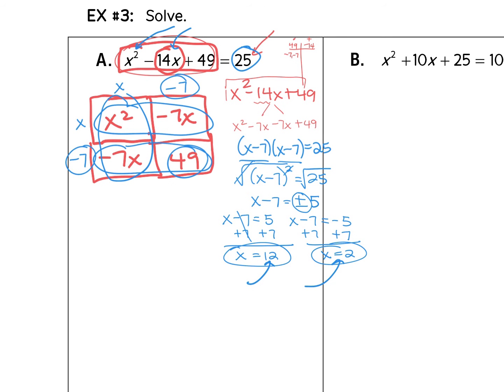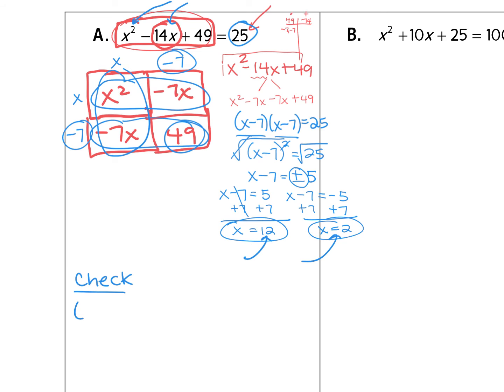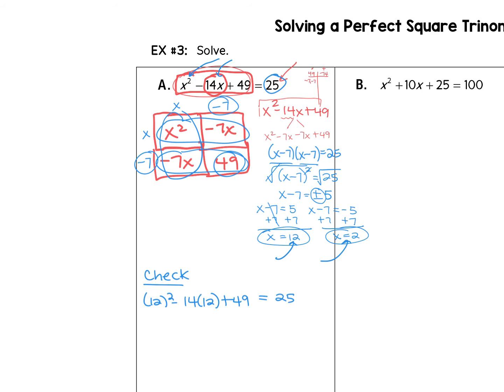We can always go back and check. I can check my work and say 12 squared minus 14 times 12 plus 49 should equal 25. And I could also get 2 squared minus 14 times 2 plus 49 is equal to 25.